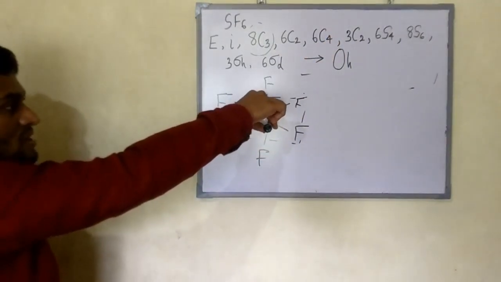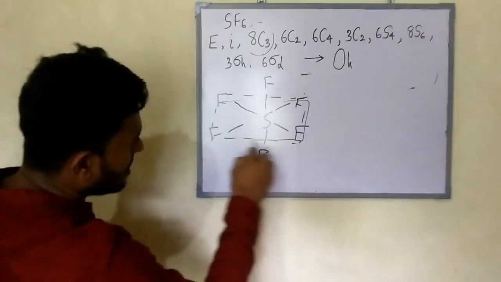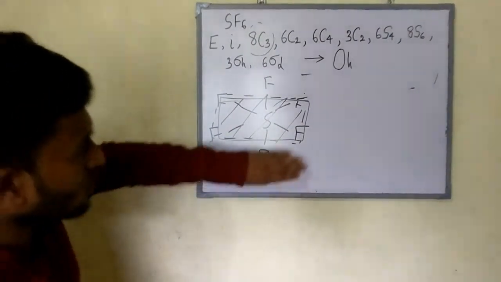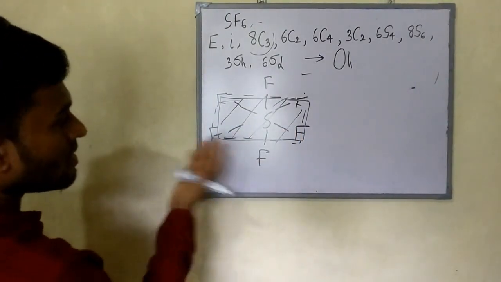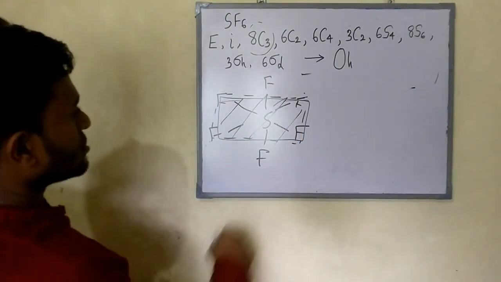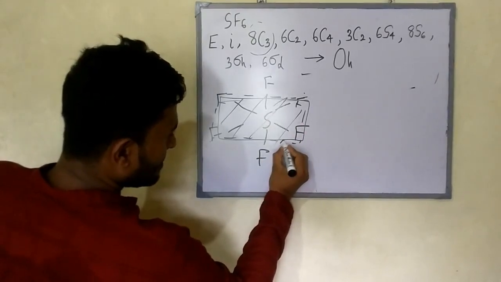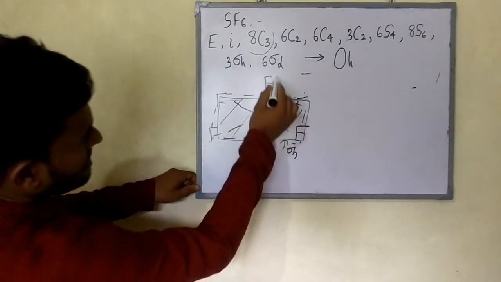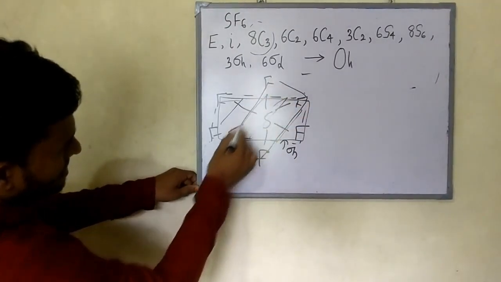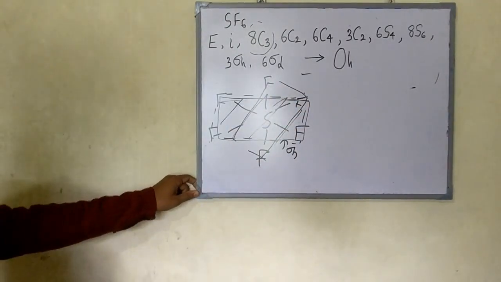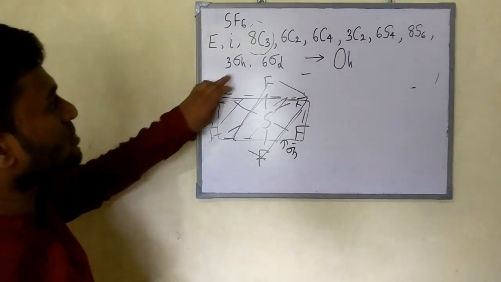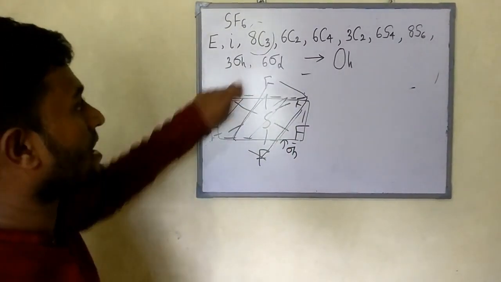C4 is going through this. Then this is your sigma H plane. Cut all these atoms into halves. So this is sigma H plane. Similar to this, you can take another sigma H plane like this and another plane like this. So altogether 3 sigma H are possible.